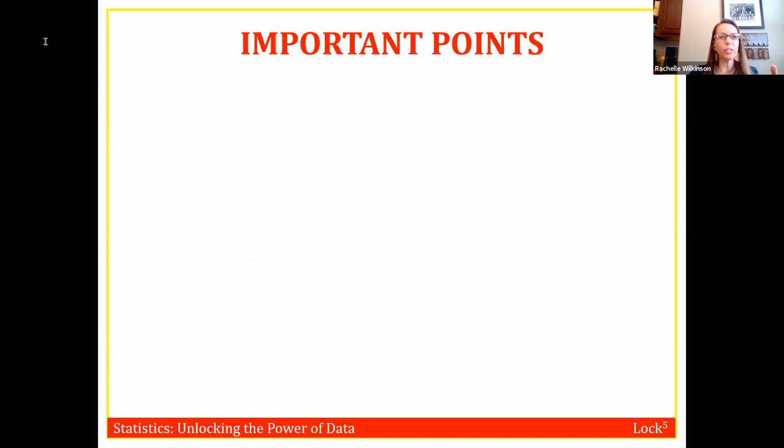If you recall, we just said we have these sample statistics. They vary from sample to sample. If we can understand how much they vary, that's going to allow us to go back and use our sample value to estimate the population value. So in order to understand how much they vary from sample to sample, what we need to do is take lots of samples.